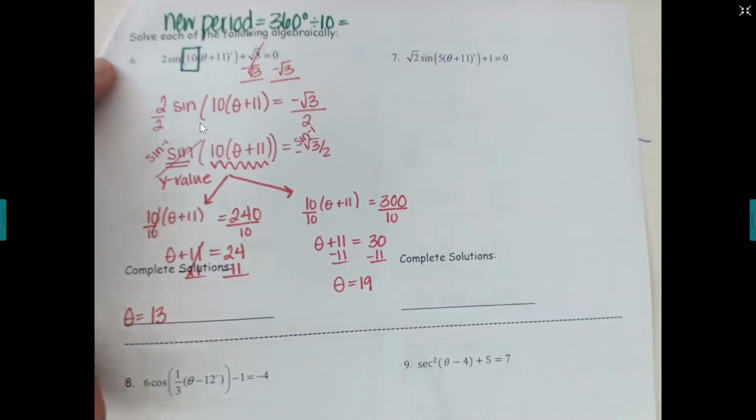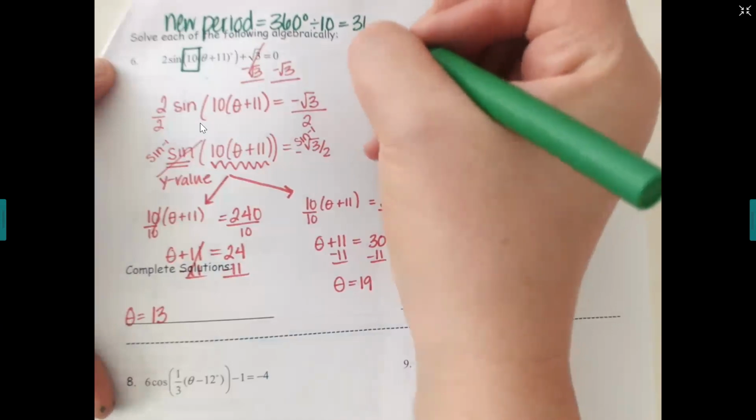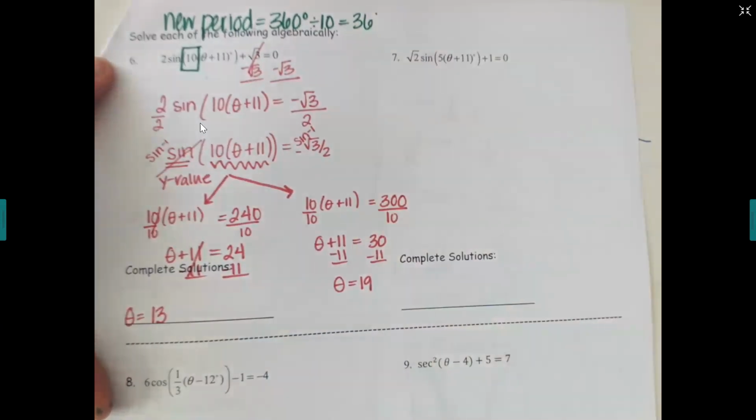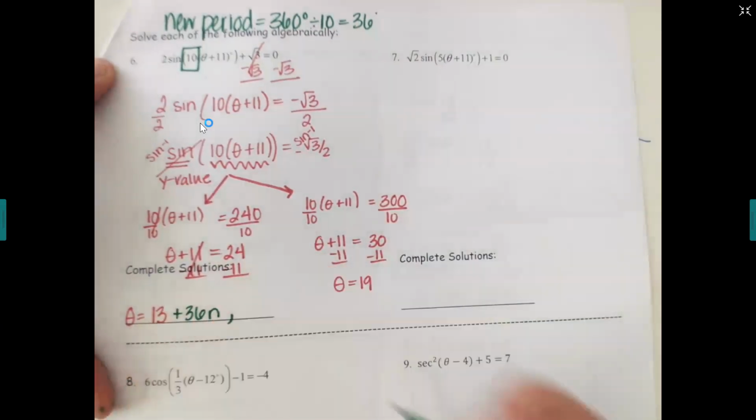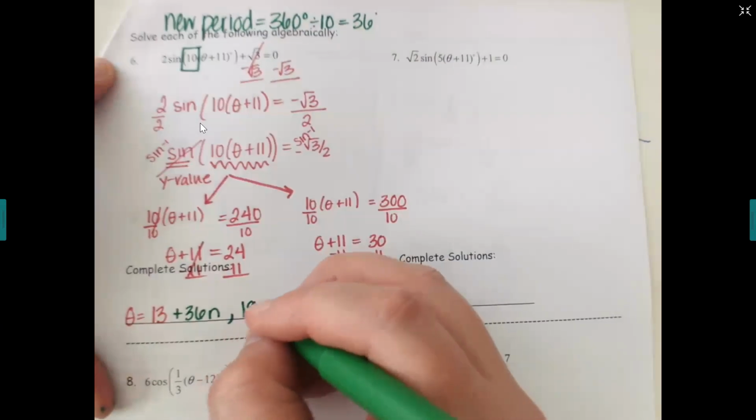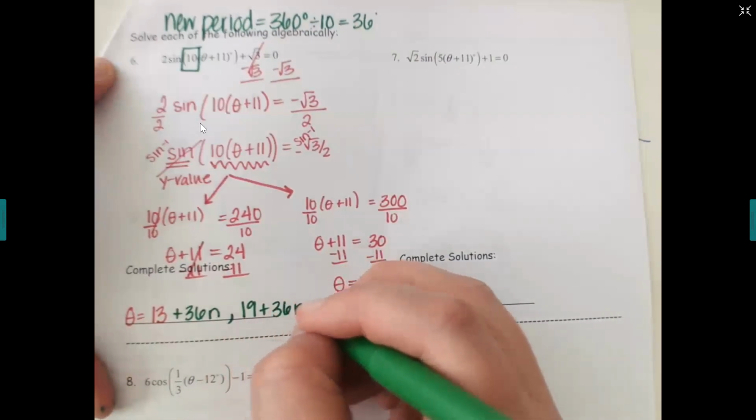Which means how long will this one take to go through a cycle? 36 degrees. So then for my complete solution, I'll do 13 plus 36n. And then 19 plus 36n.